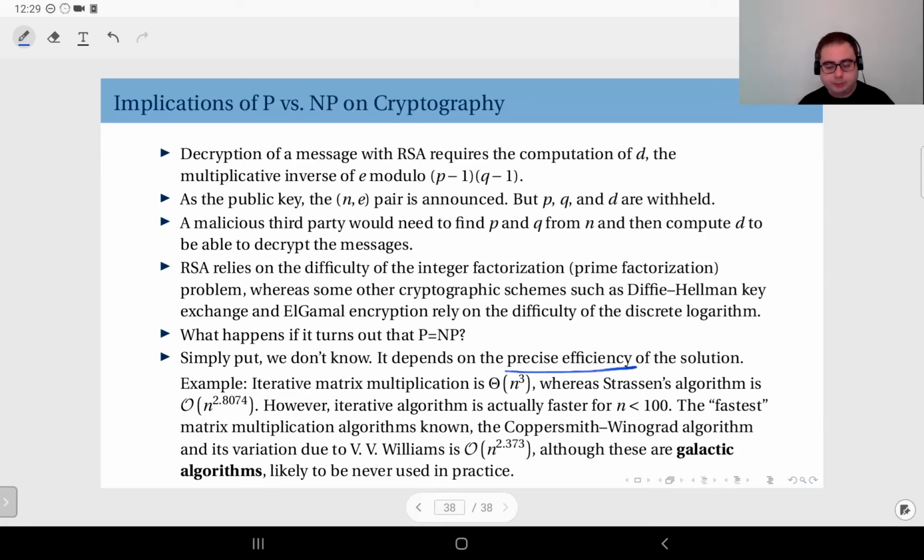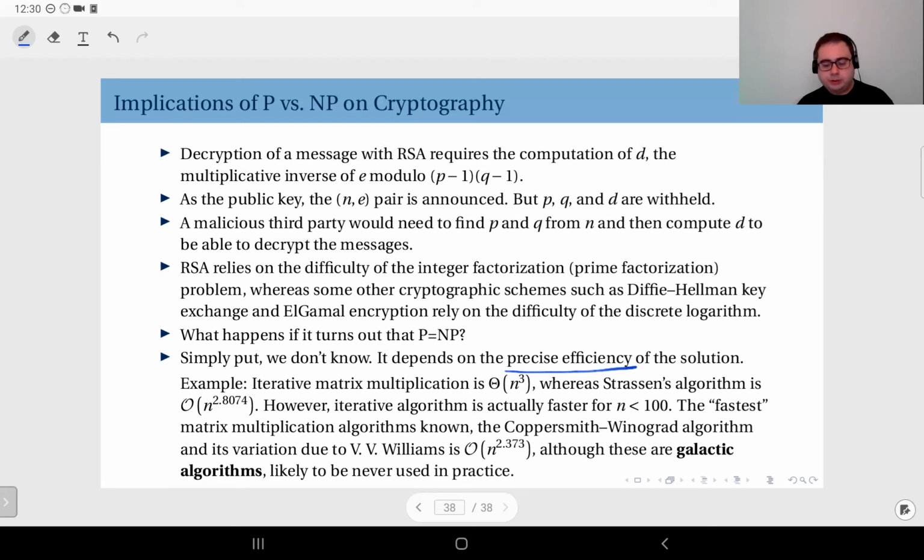Let me give you an example. Take the matrix multiplication problem. How would you do it? On paper, you would just go element by element, multiply them, add them together, etc. So you need to do 3 passes on the entire thing. You have 2 matrices, n by n multiplied by n by n.